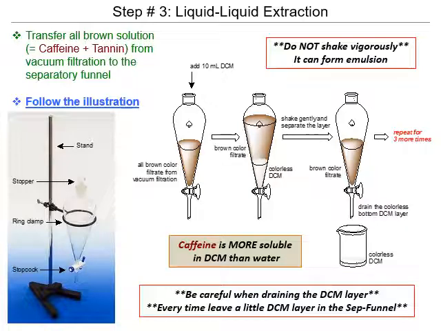Now to the liquid extraction. So here you'll meet the separatory funnel, one of an organic chemist's best friends. You transfer all the brown solution of caffeine plus tannin from the vacuum filtration apparatus, from that Erlenmeyer, to the separatory funnel.